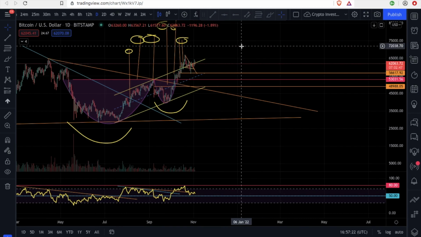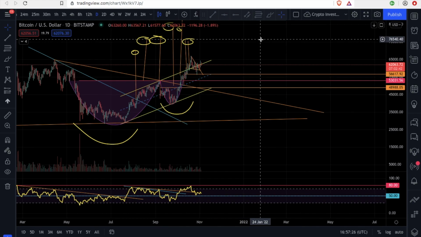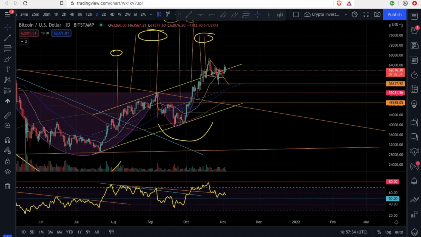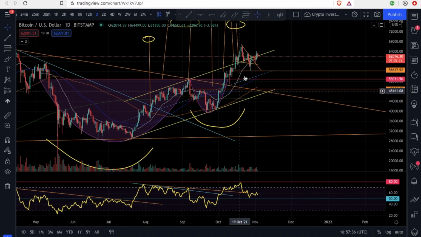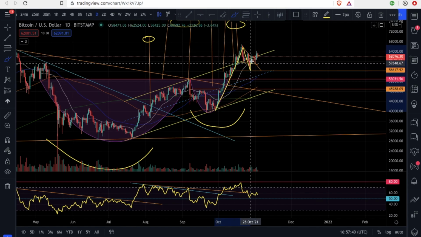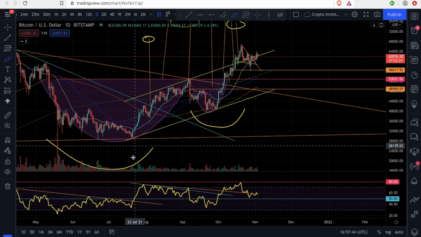I'm anticipating a pullback, like a very quick pullback to scare a lot of people, because right now the fear and greed index is extreme greed, even with the little pullbacks. That's why I was saying that these pullbacks are not enough, because you can see that even after that little pullback, most people are still in extreme greed.